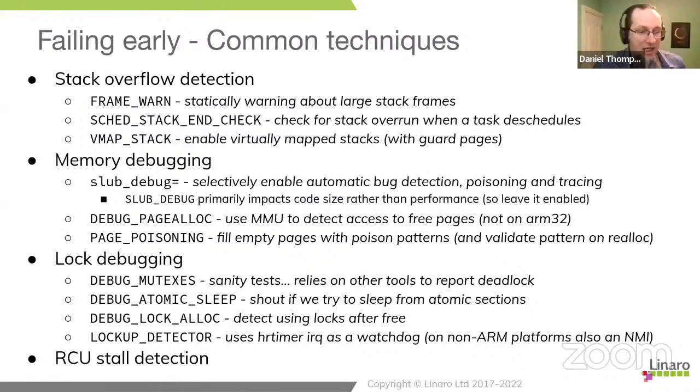But one of the things that can happen is they end up trying to do a read copy update rendezvous. So read copy update is a mechanism for optimizing read intensive data structures. It basically means that most people just read it with no locking at all. If you want to modify it, you read it and make a copy. You then update the copy, and then eventually you switch over to the master copy of the data structure.